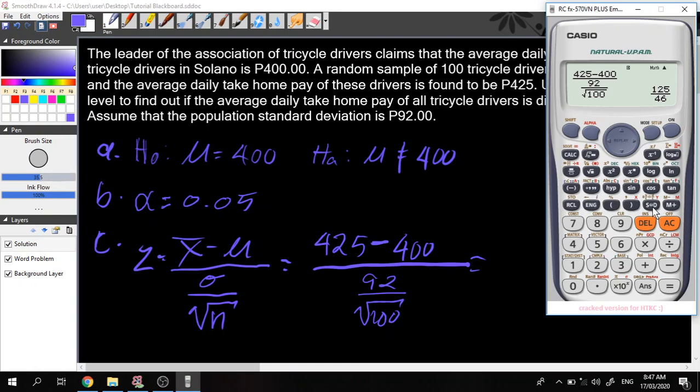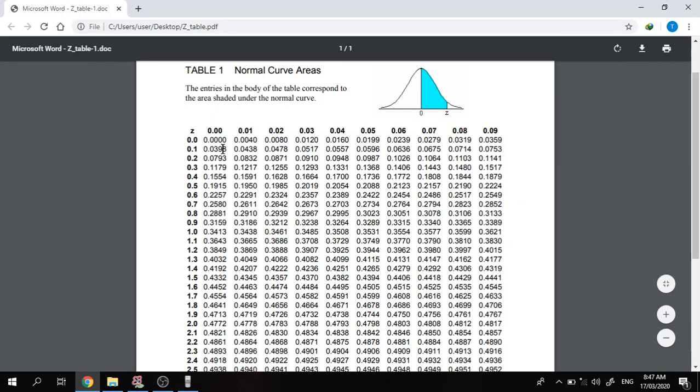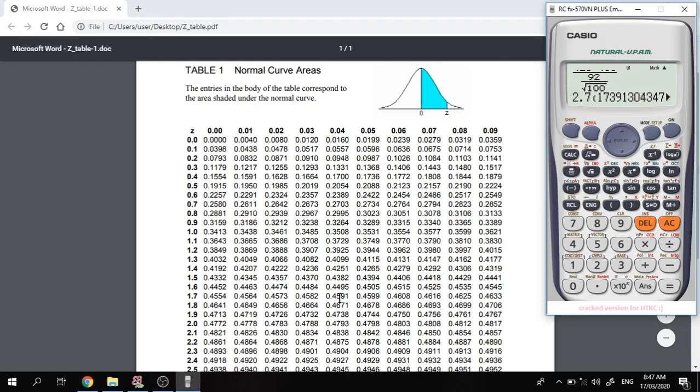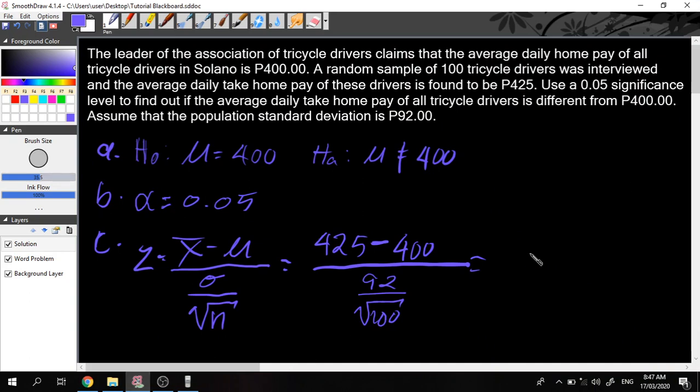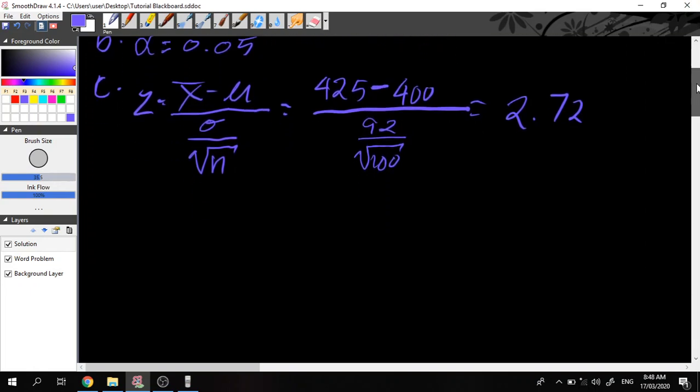I-press nyo lang tong SD. Lalabas ang 2.7717 and so on. So ang kunin lang natin ay 2 decimal places, kasi yung ating Z table ay meron lang siyang 2 decimal places. So 2.72. So ngayon, z is equal to 2.72.